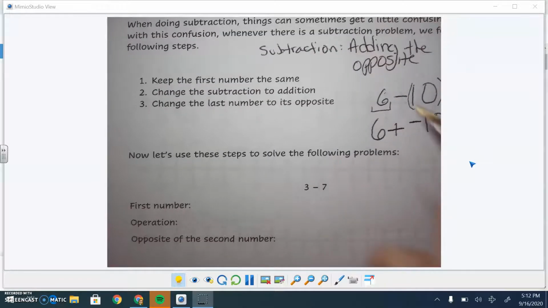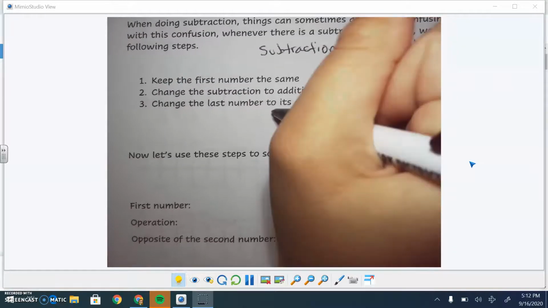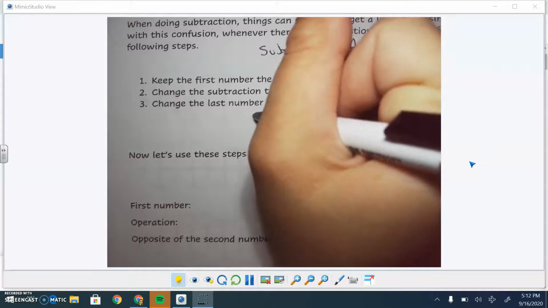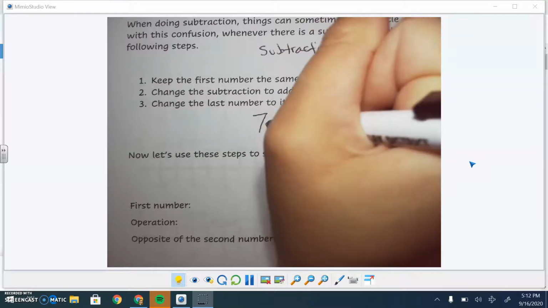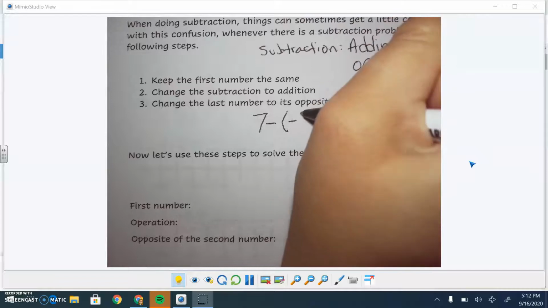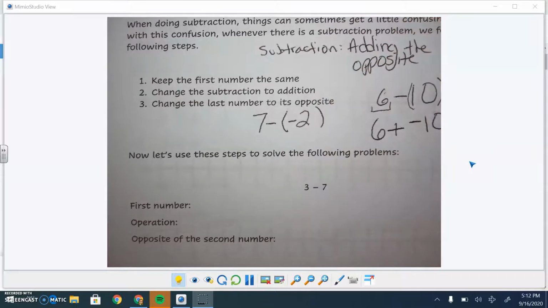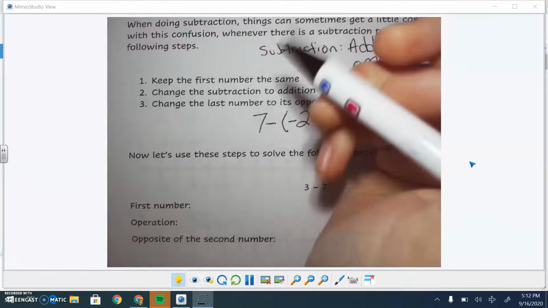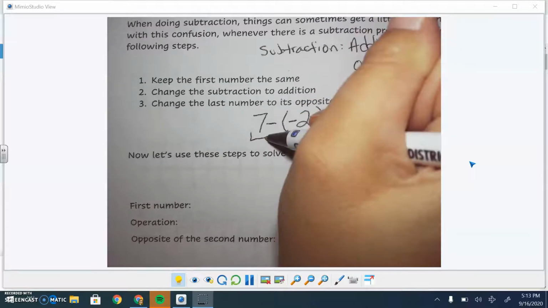So let's say we have one that looks like 7 minus negative 2. Same idea. Keep, change, change. We're adding the opposite. Keep that first number the same.